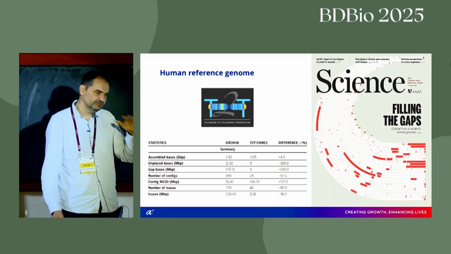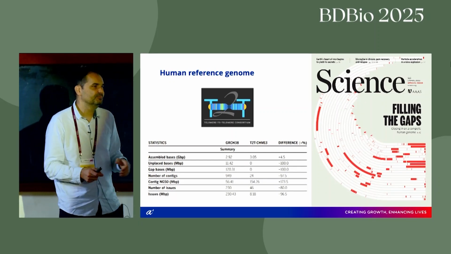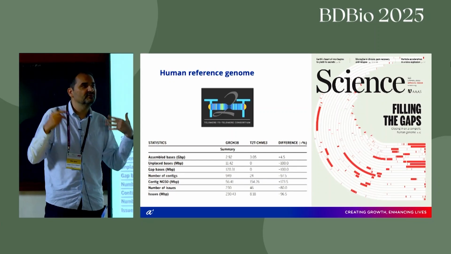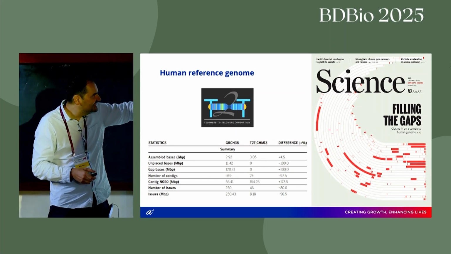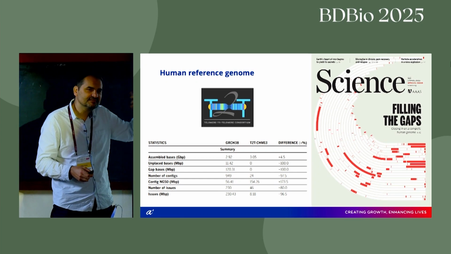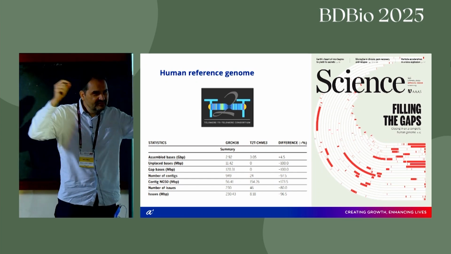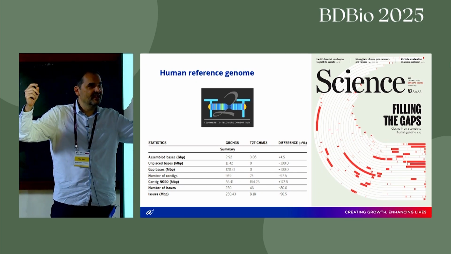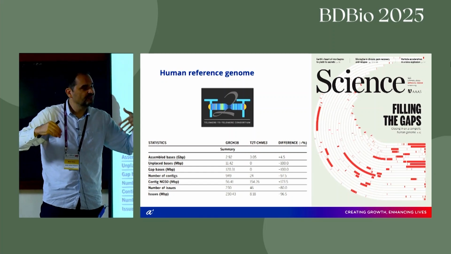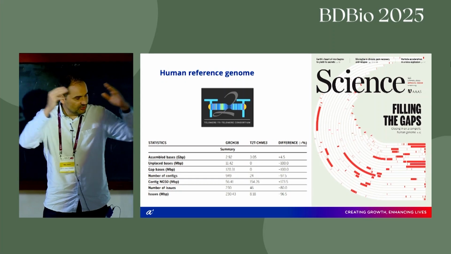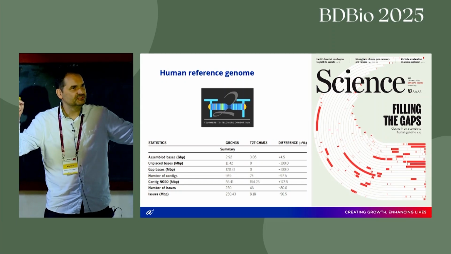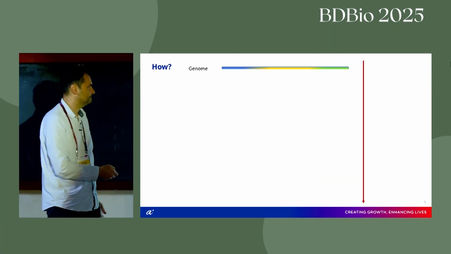This is still an unresolved problem because there are many copies, they are very similar, and we don't know how many copies there are. But that gave us something new: we can read the human genomes, and because we have high-quality genomes, we can use AI.